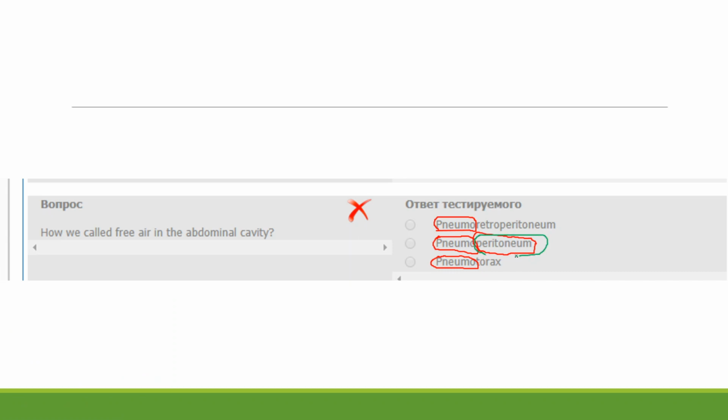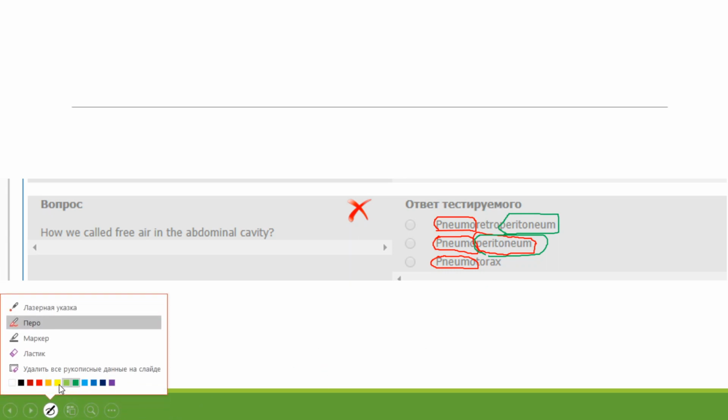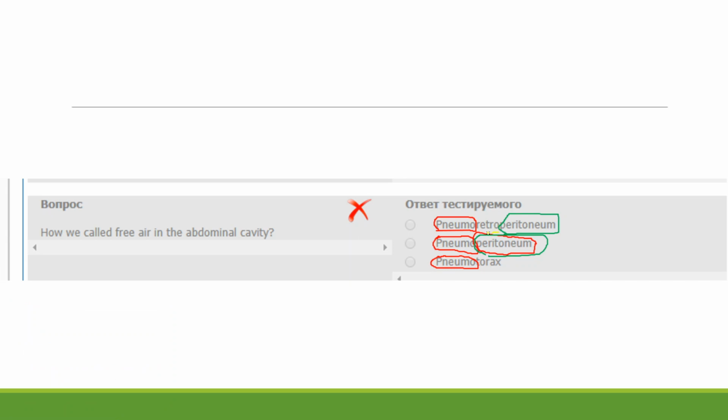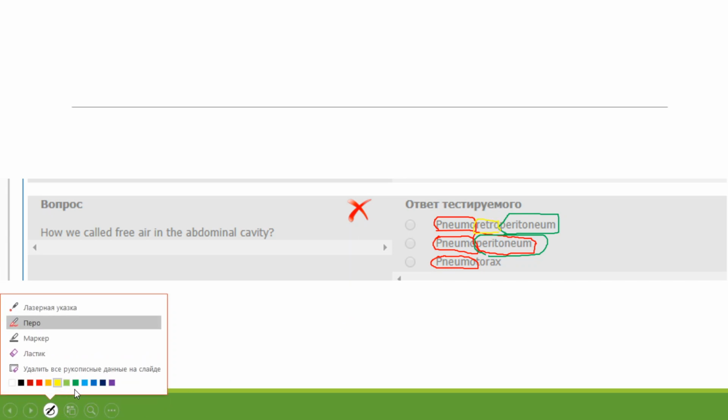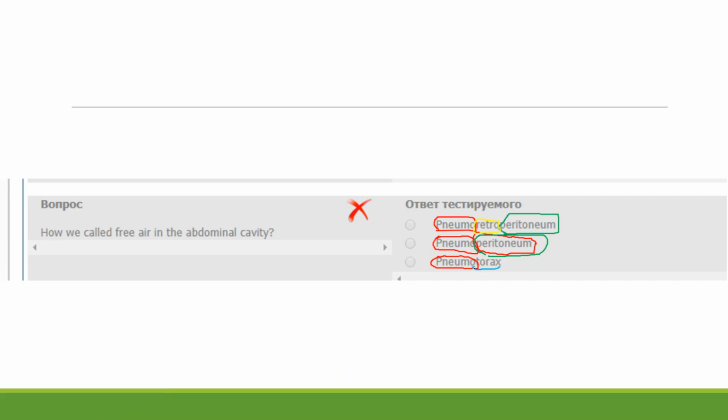Green, peritoneum, and yellow, retro, and blue, thorax.